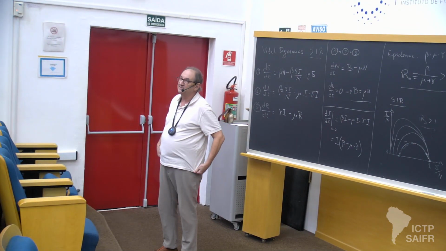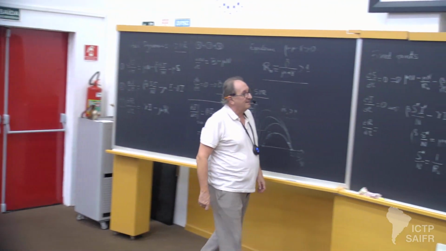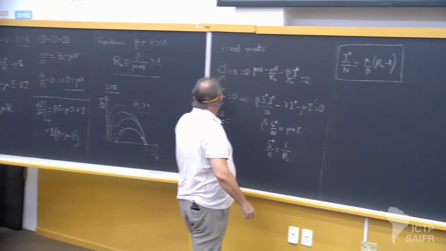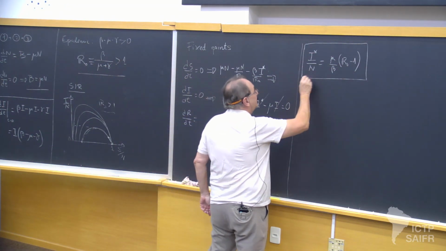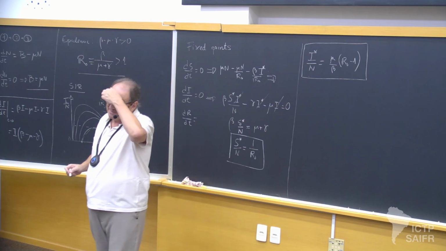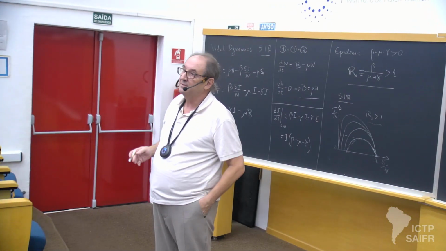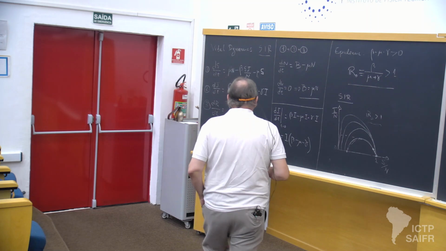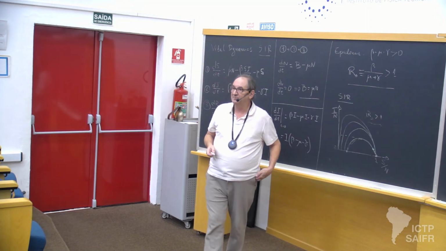I won't do this. But I can tell you that if you do this, you will get that this fixed point with S star equal to this and I star equal to this is a stable fixed point, with R0 bigger than 1. And that disease-free state is unstable if R0 is bigger than 1.